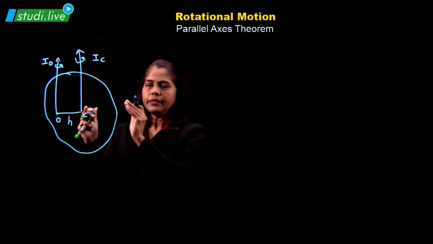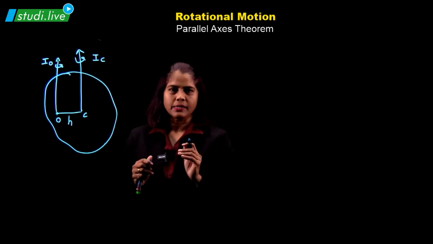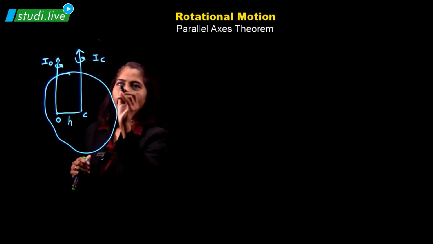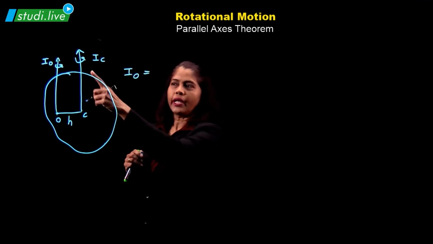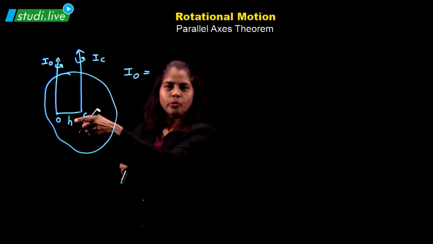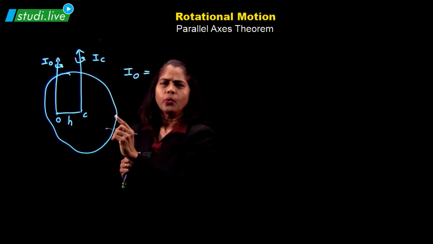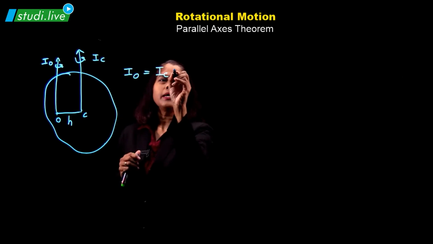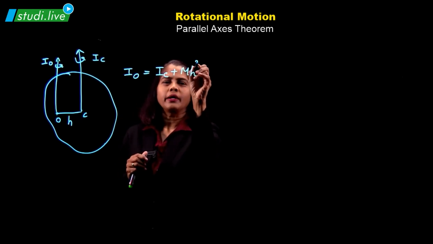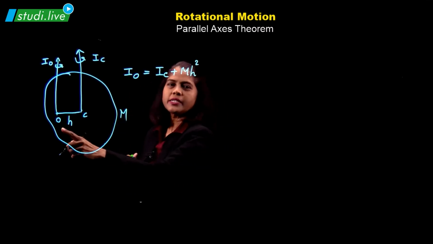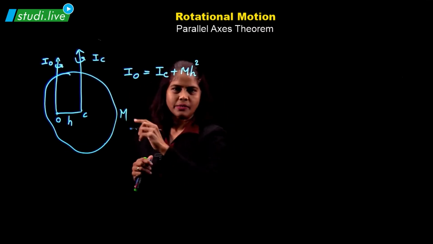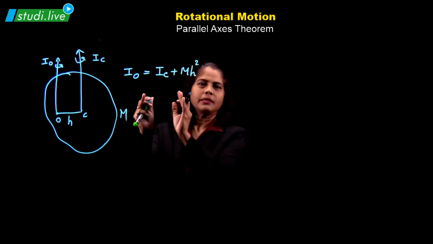Okay. Then, our theorem says that IO, that is the moment of inertia about any axis passing through point O, is IC plus mh square. Now, what is m? M is the mass of the body, h is the distance between the two parallel axes. Okay. So, this is the theorem.